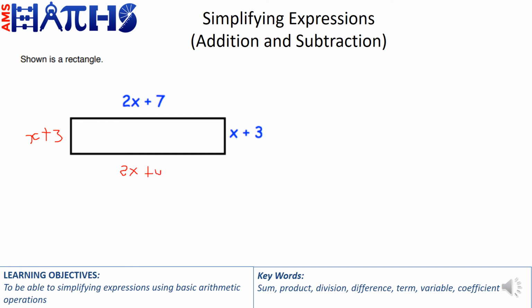Now that we know all the four lengths, then we just need to add them together. So I've written them out. We have 2x plus 7 plus x plus 3 plus 2x plus 7 plus x plus 3. And all we need to do now is combine the like terms. So we will combine the x's: 2x plus 1x makes 3x's, add 2 more to get 5x's, and add 1 more x to get 6x's.